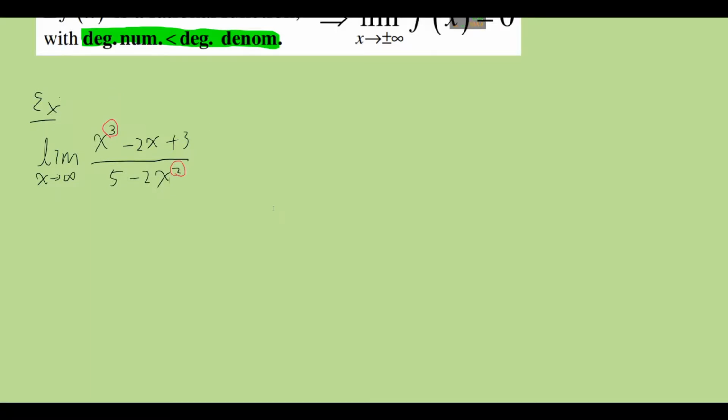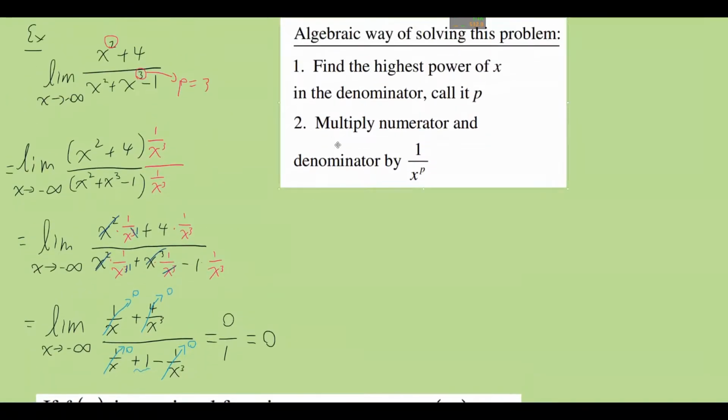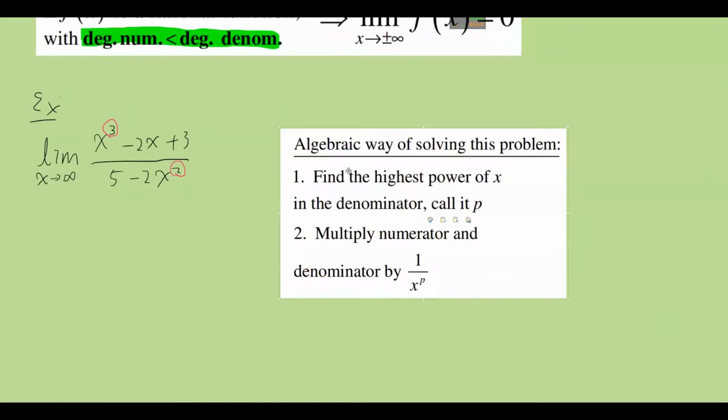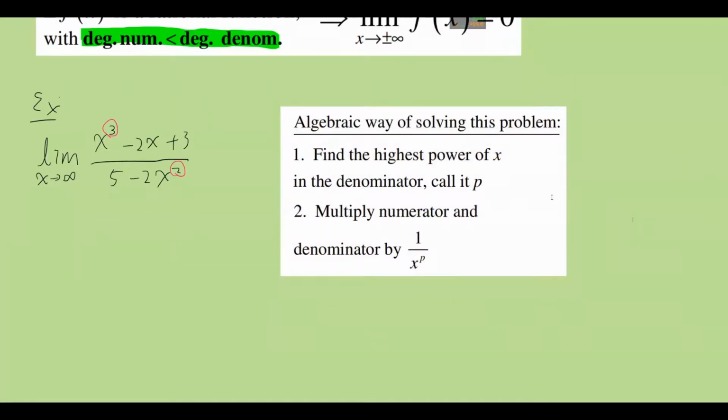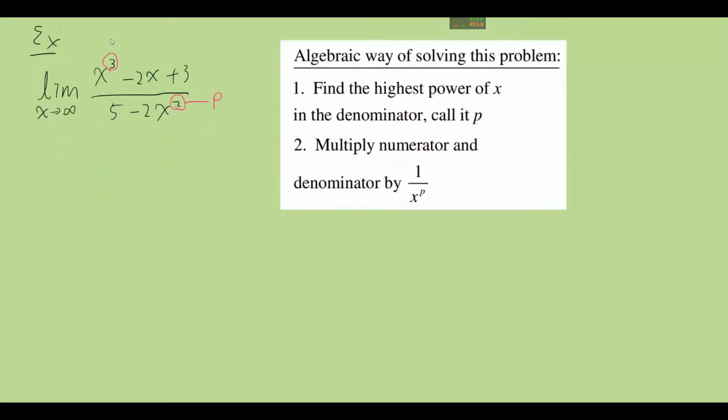So again, if you want to try this one out on your own using the algebraic way, feel free to pause the video now and try it out. Okay, so let's see. Same thing. We're going to let the degree of the denominator be the value p, and then we're going to multiply 1 over x to the power of p to both the numerator and denominator and see what happens.